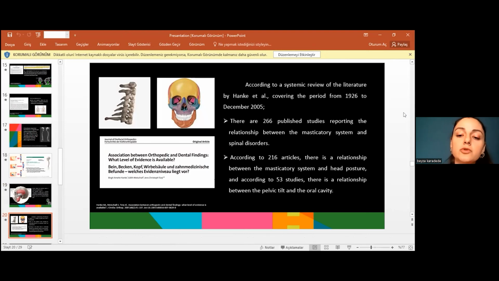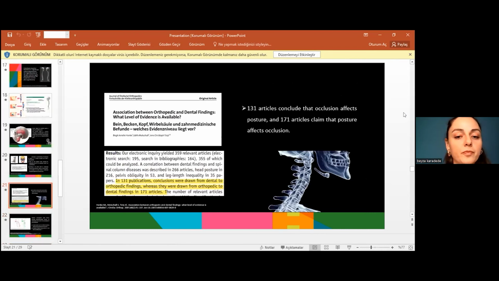According to 216 articles, there is a relationship between the masticatory system and head posture, and according to 53 studies, there is a relationship between pelvic tilt and the oral cavity. 121 articles conclude that occlusion affects posture, and 171 articles claim that posture affects occlusion.